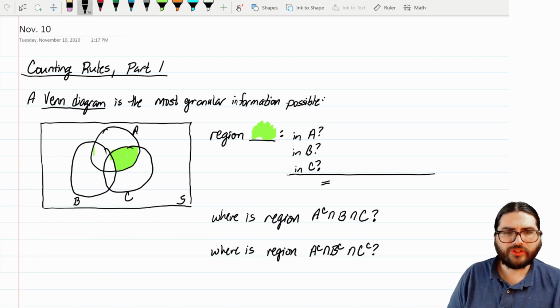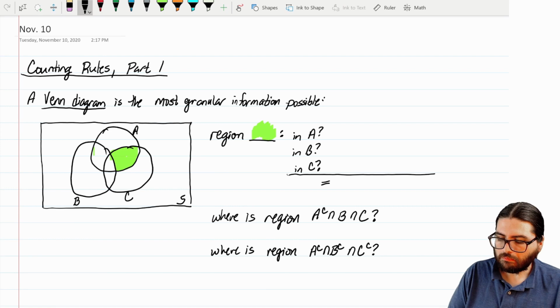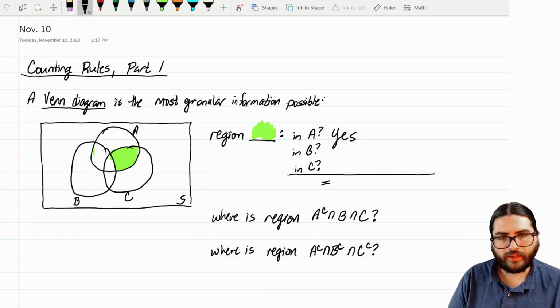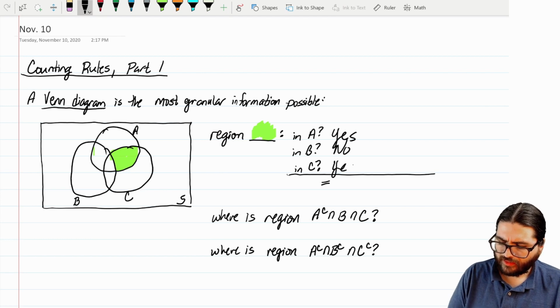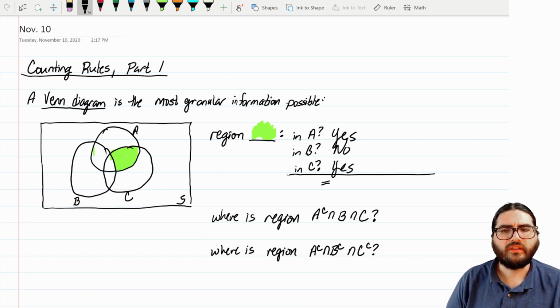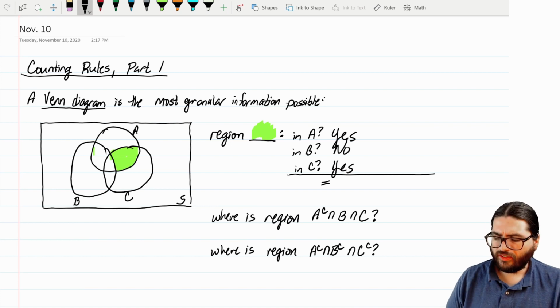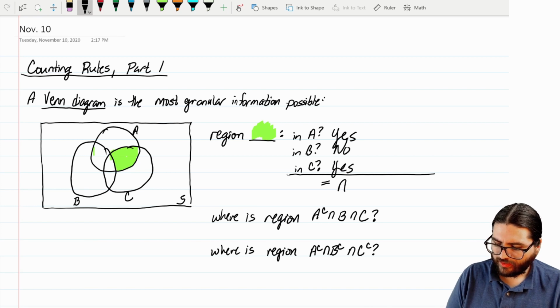Is this region inside of set A? Yeah, it's in the circle for A. Is it in B? I don't think so. No, not that one. And is it in set C? Yeah, it's in the circle for set C. Right? This tells me that I could label this one little piece as set A intersection set B complement.